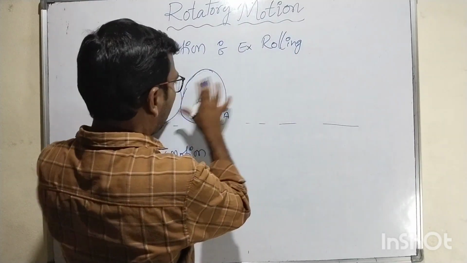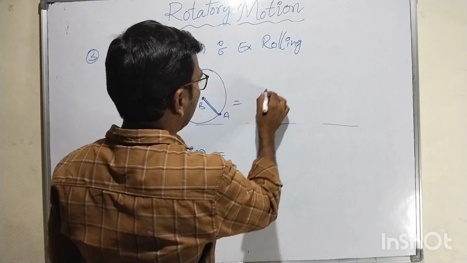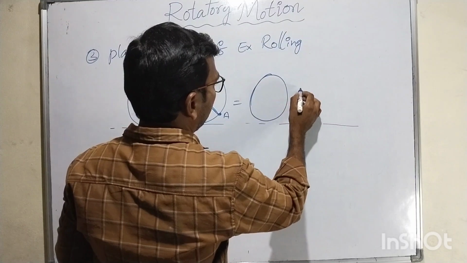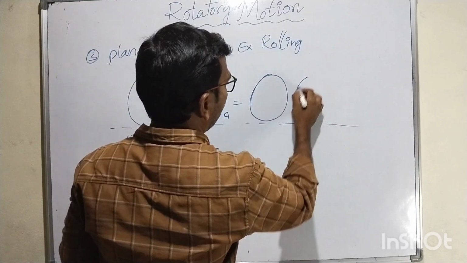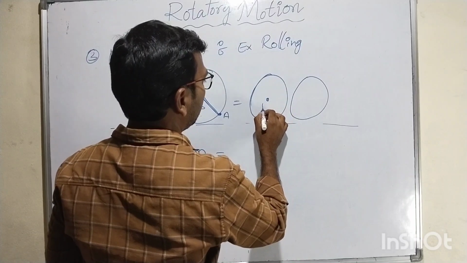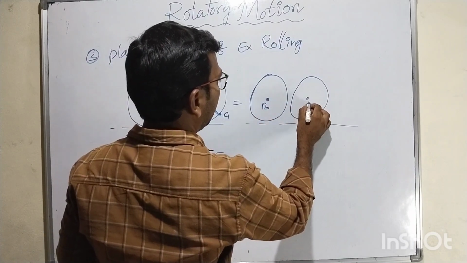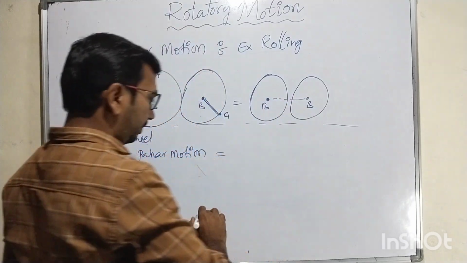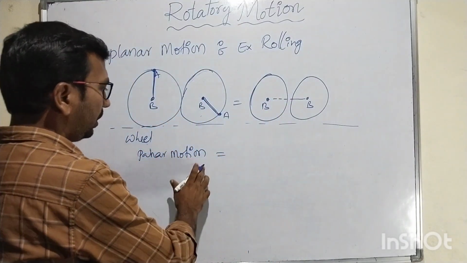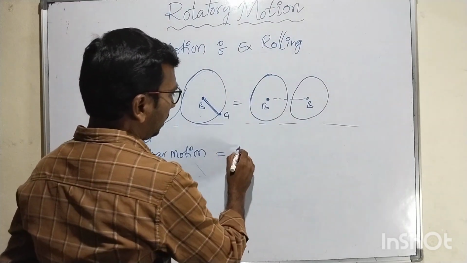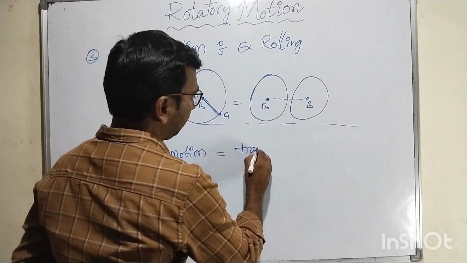Suppose I bring this wheel here, and in case the wheel is moving like that, this is point A, this is point B. Here B is moving like a translatory motion. So planar motion includes translatory motion.